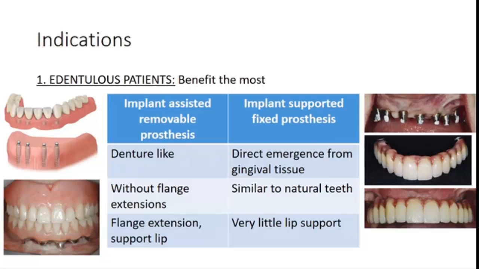Indications. First is edentulous patients, who benefit the most. You have different types of prostheses, that is implant assisted removable prostheses, which is denture-like without any flange extensions, or with flange extension which supports the lips.